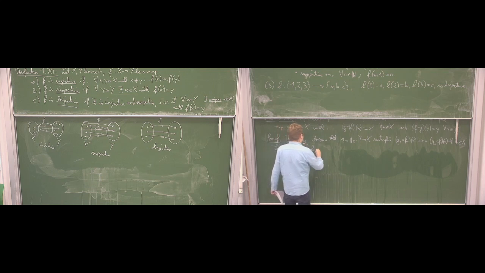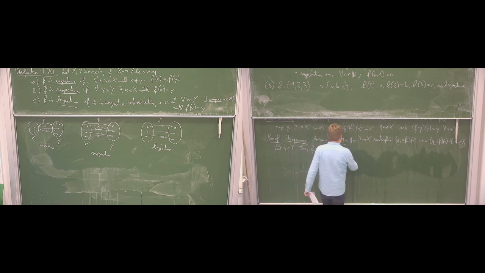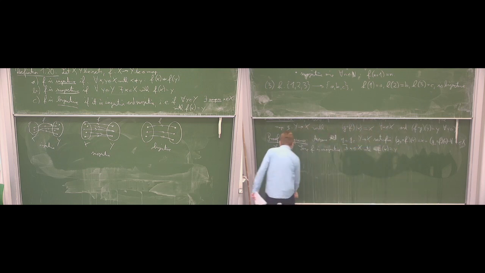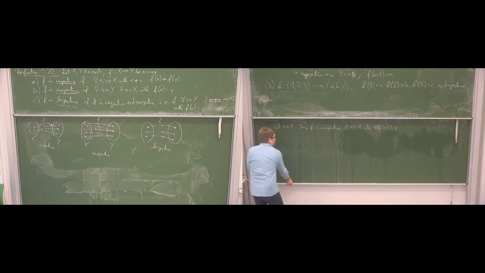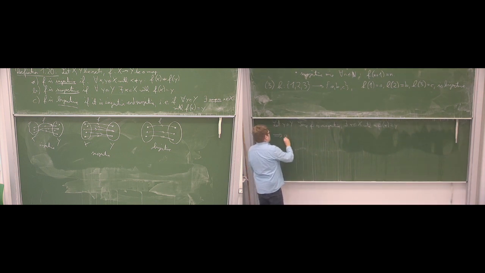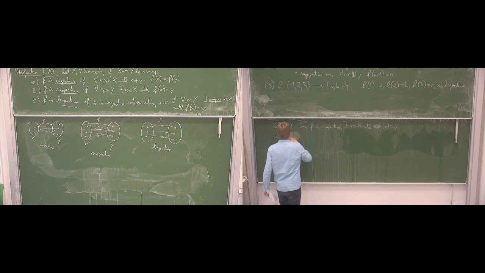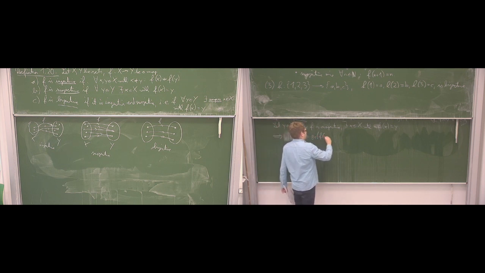Since, by assumption, f is bijective, it is especially surjective. So there exists an x in X with f of x equal to y. Okay, what does this help? This helps a lot. Namely, from this it follows g1 of y is now the same as g1 of f of x.